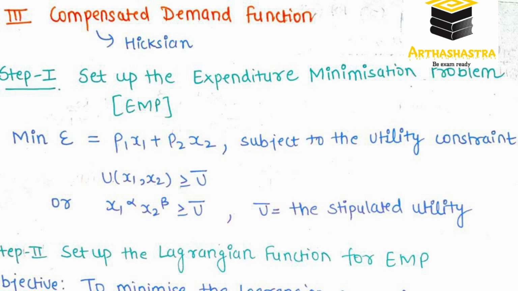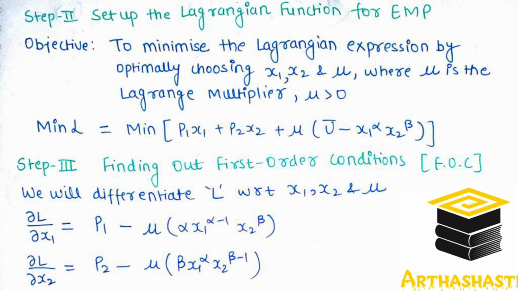As I told you in the beginning of this video, while solving any maximization problem or minimization problem, the steps are the same. So we will first find the first order conditions, then we will set the derivatives equal to 0, and we will solve for x1 and x2. So our second step is setting up the Lagrangian function for the expenditure minimization problem. Here our objective is to minimize the Lagrangian expression by optimally choosing x1, x2 and mu.